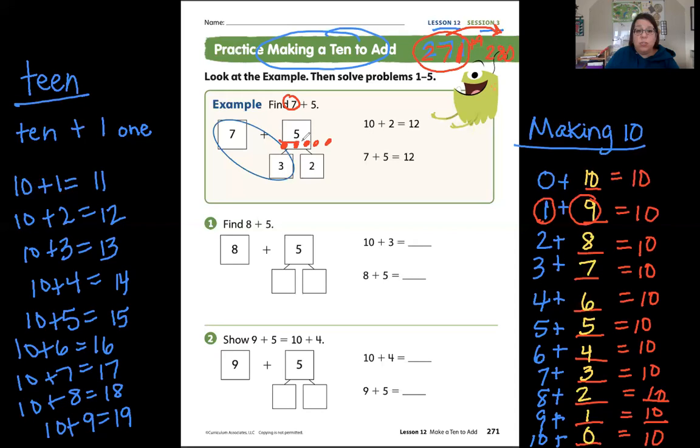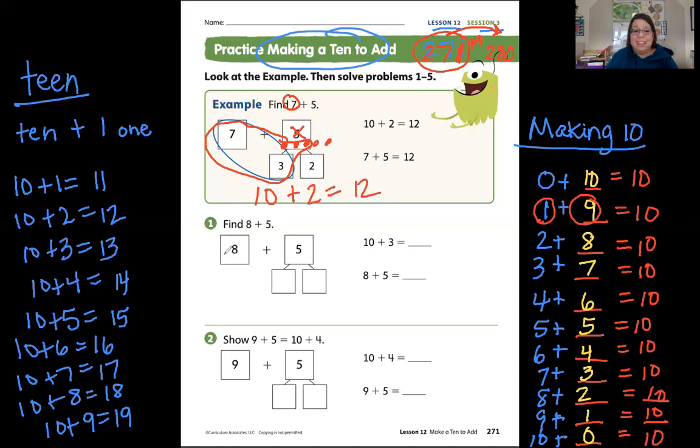So if I have those 3 dots right there, 7 and 3 is 10. Is this a 5 anymore? No, I made it into a 2 because those 3 went over here. So now we have 10 plus 2 equals 12.